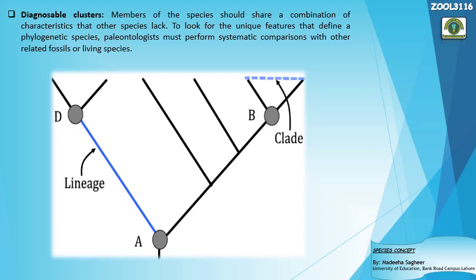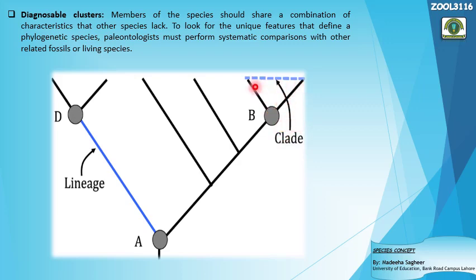Here I have given the difference. Here you can see A, D, B. This is the lineage. What is a lineage? It is the ancestor descendant series, right? And what is the clade? The topic right now in this slide is the phylogenetic species concept, and it focuses on the cladistic relationship.